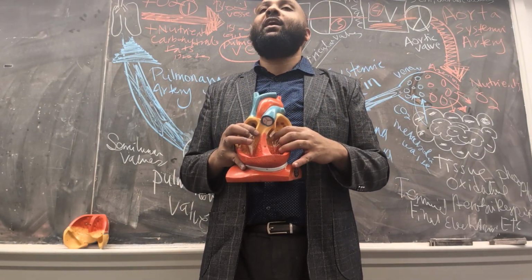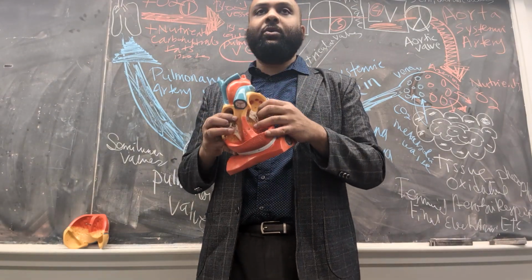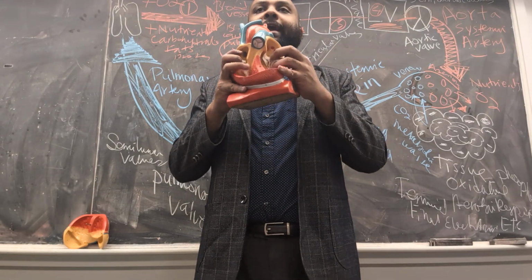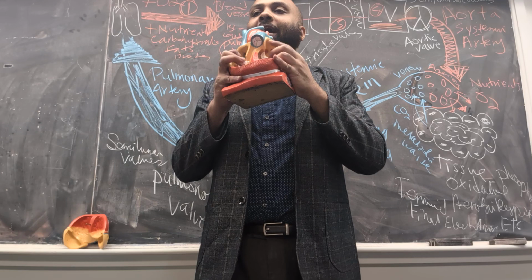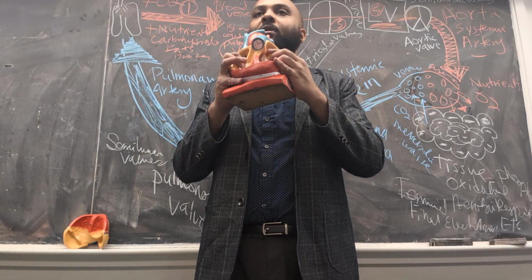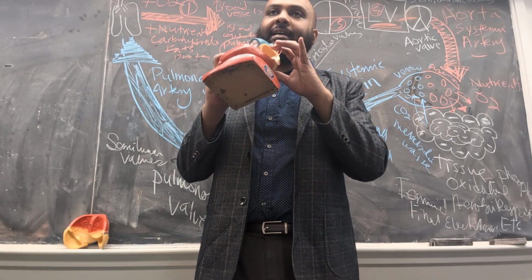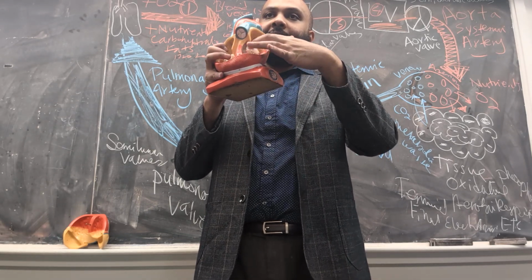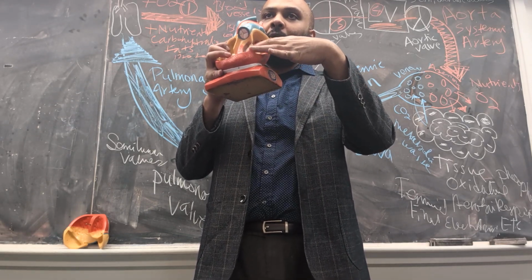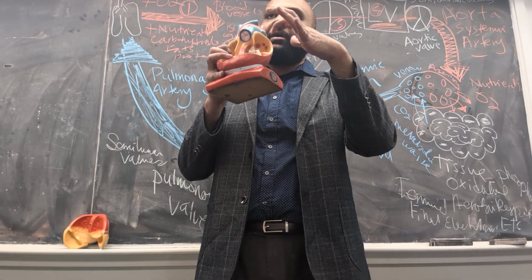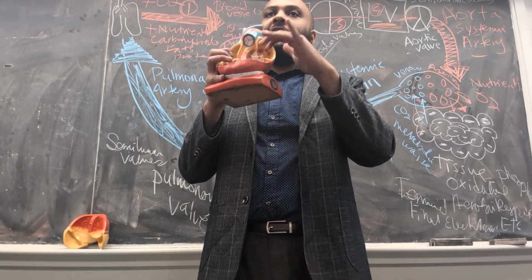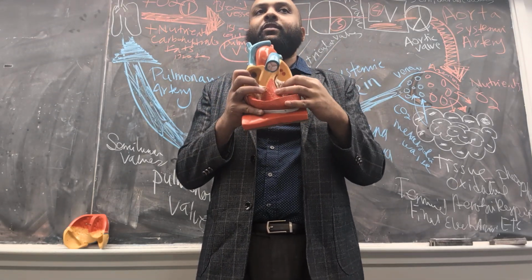Did everybody find your 2 atrioventricular valves? Have you found them? But don't look at it as the gummy thing. Look at it as between 2 chambers, top chamber, bottom chamber. If it's on the left, that's your left atrioventricular valve.